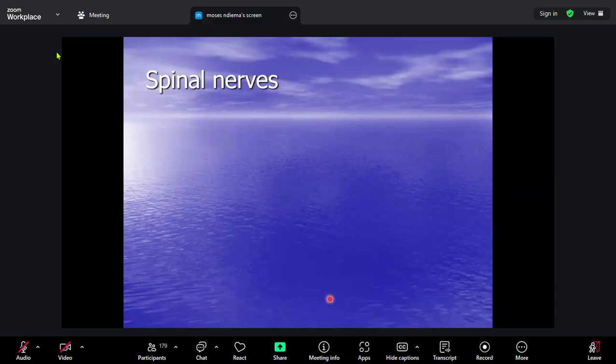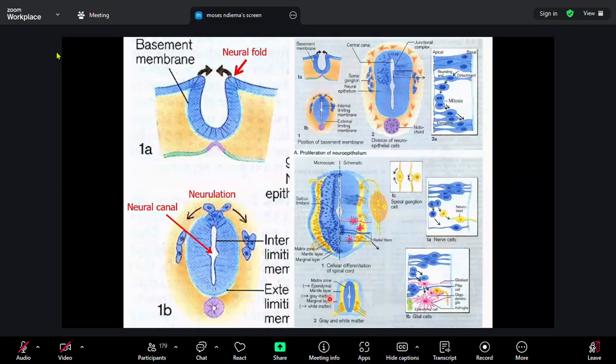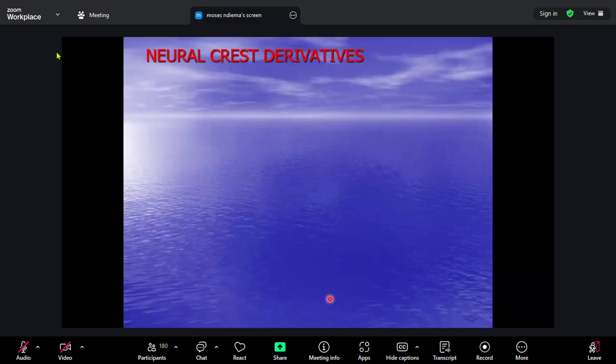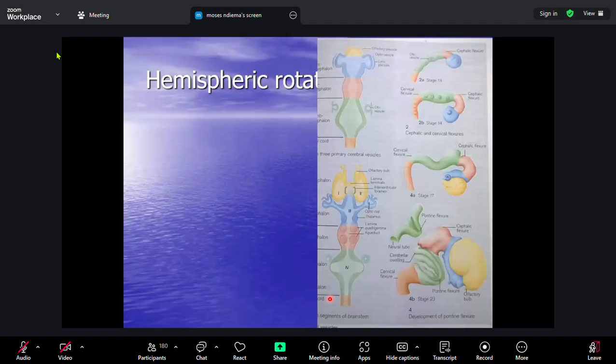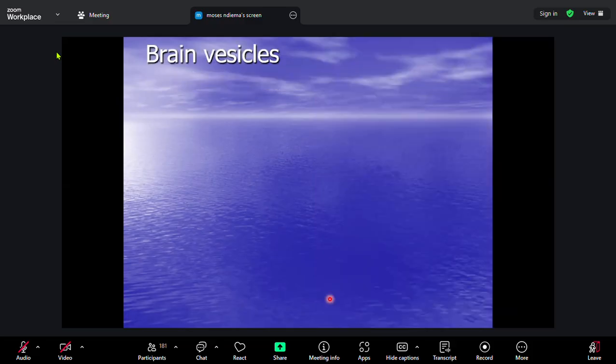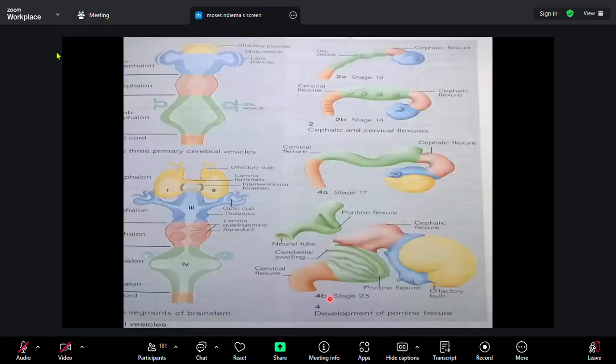Remember we have prosencephalon, mesencephalon, and rhombencephalon.